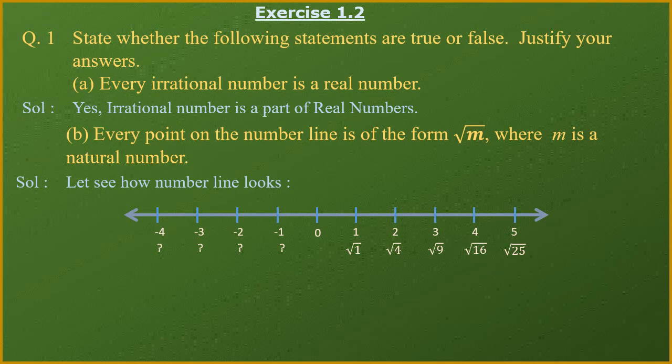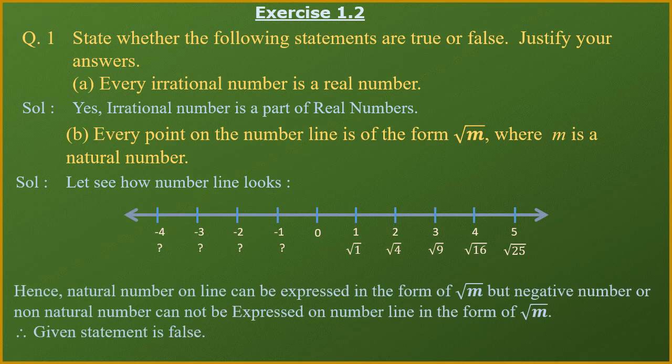I am not talking about only 1.5, but for example if I take 1.5736 and so on, going up to infinity, it will be a non-terminating, non-repeating number, and hence I cannot write it in the form of root of m. If I take 1.5, definitely that will be the square root of 2.25. But if I take a non-terminating number, it can't be written in that form. So this statement is also false, right? The answer is written over here.